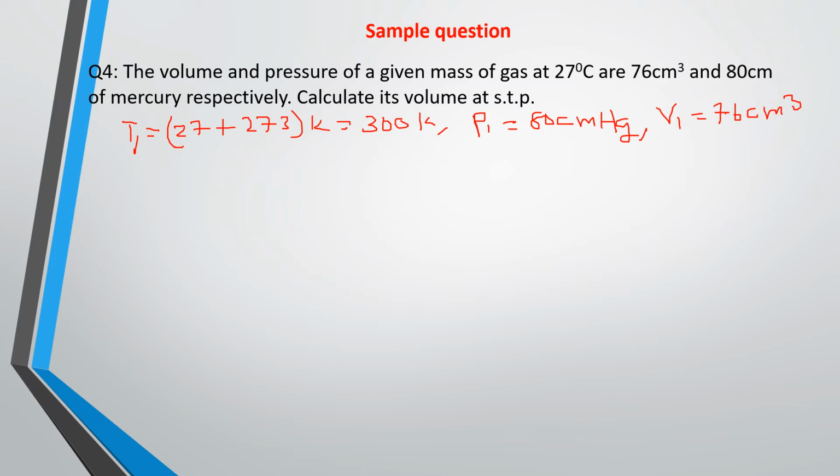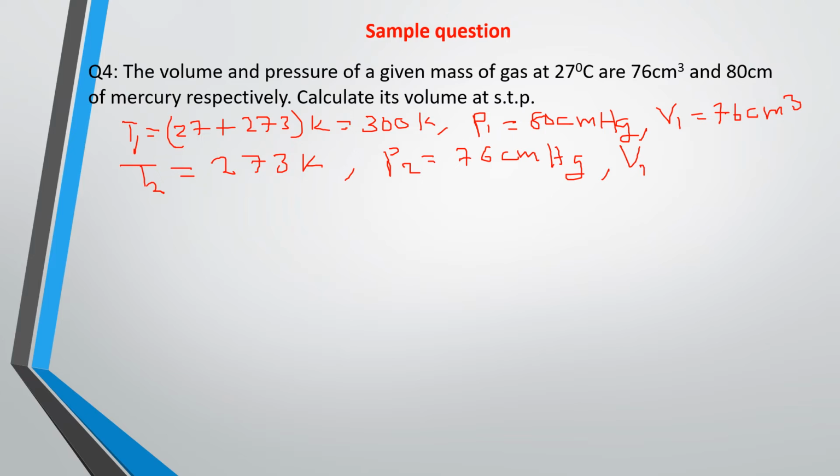So T2 at s.t.p, standard temperature, is equal to 273 Kelvin. Then standard pressure P2 is equal to 76 centimeter of mercury.